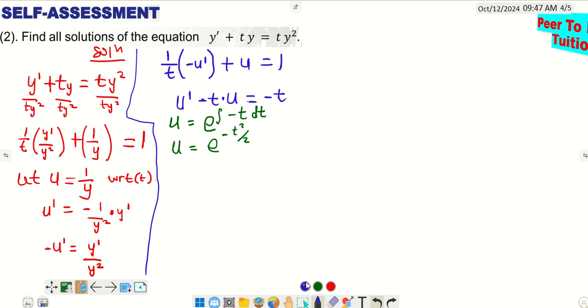The next thing is for us to multiply this linear differential equation by the integrating factor.